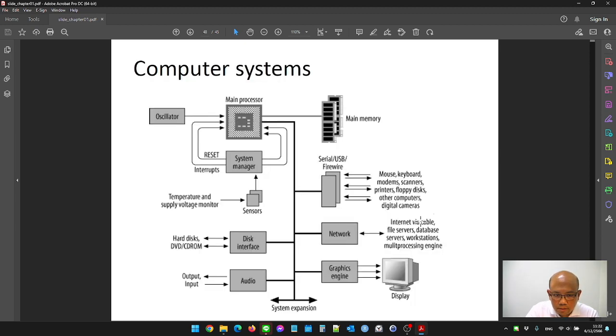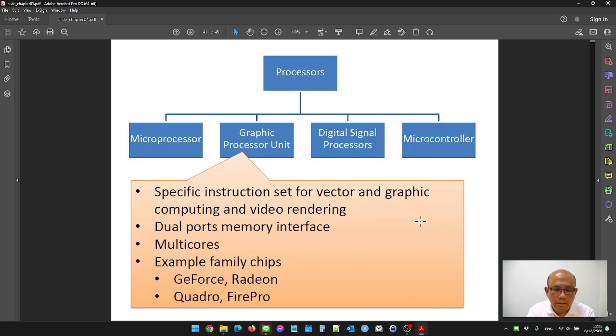For the second type, this is the GPU, an abbreviation for graphics processor unit. The graphics processor unit is a processor, but the main difference is that a GPU has a specific instruction set. What is a specific instruction set? Suppose you have a full HD picture.